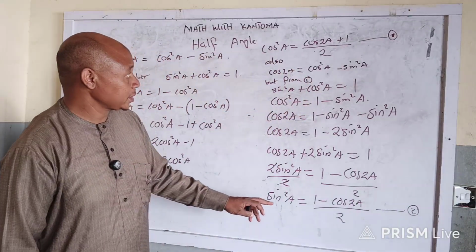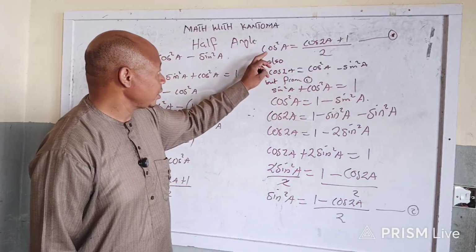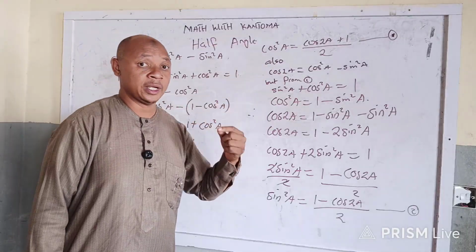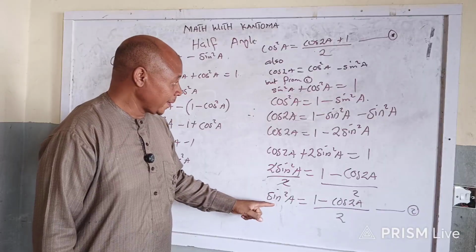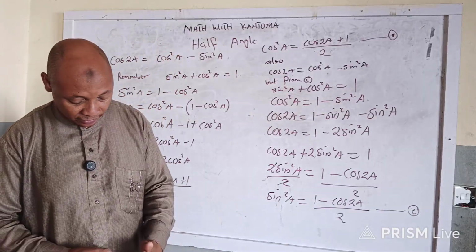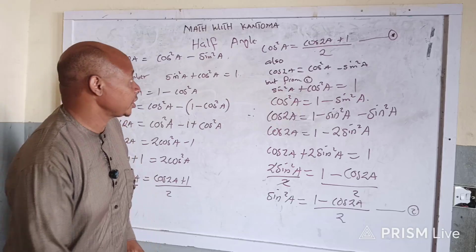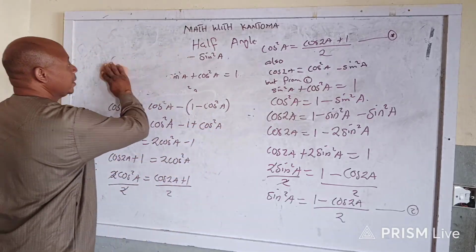So now, these are the two equations I'll be using to find the half angle formula for cos A and sine A. But we will have to derive the formula for that of the tangent. So now let's see.